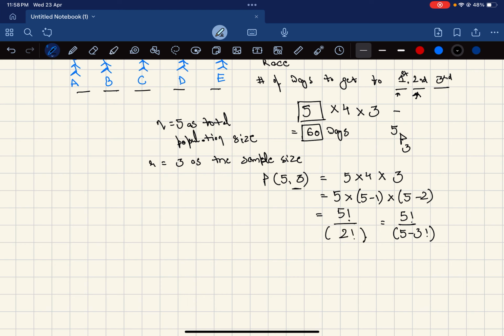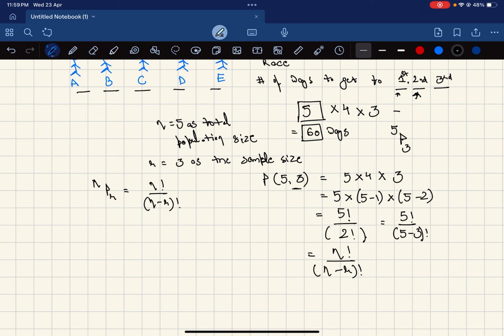And this can be written as n factorial divided by n minus r factorial. So now we have a generalized formula for the number of permutations of n items taken r at a time, which is computed as n factorial divided by n minus r factorial.